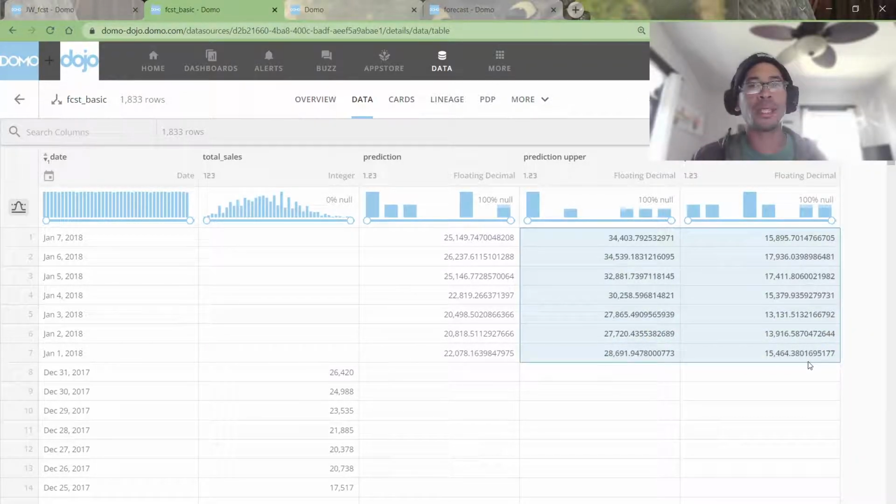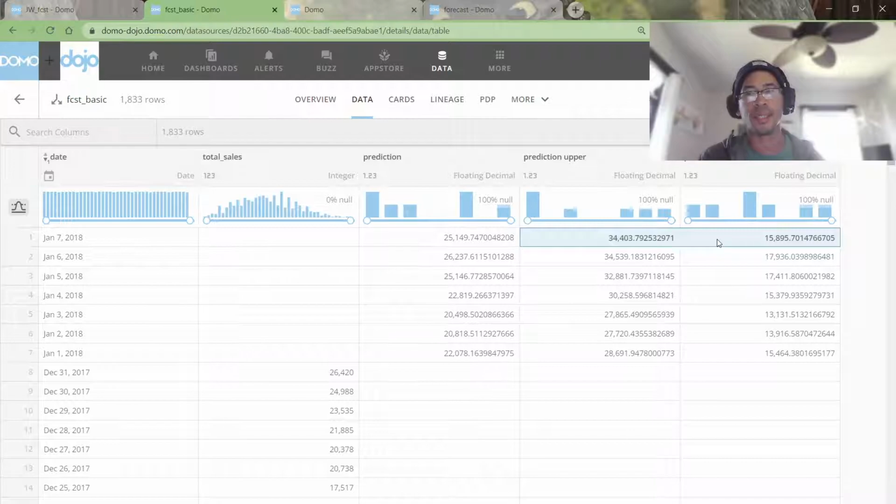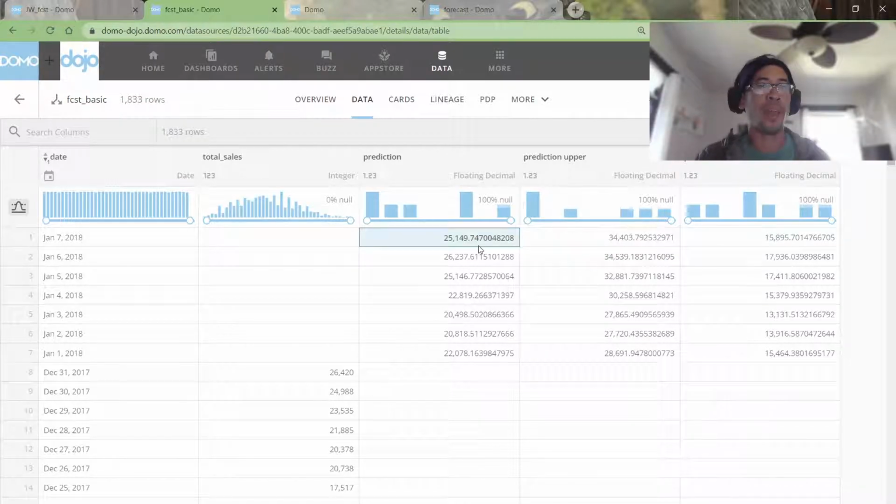I'm giving a really terrible description of these upper and lower bands, but if you want to think about, okay, Jay, why would you say you're guessing 25, but you've got 34 and 15,000 as these ranges in between? Well, what if it's really expensive to have less than enough stuff?